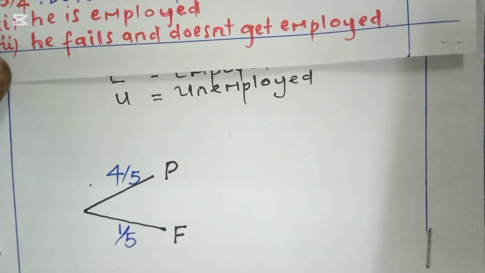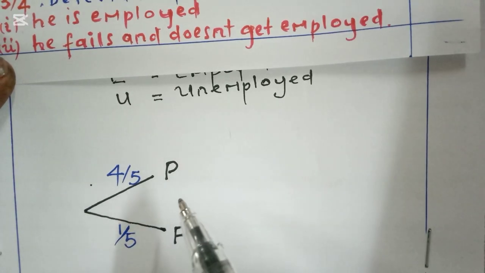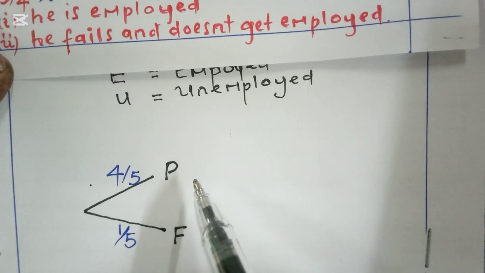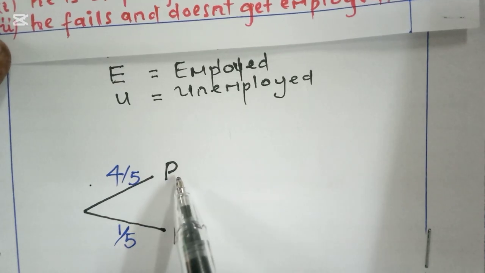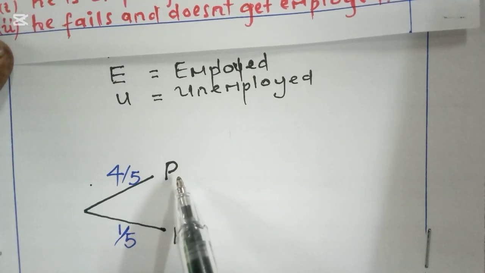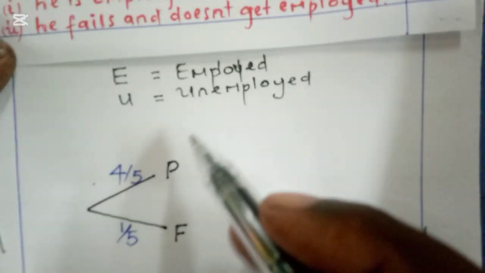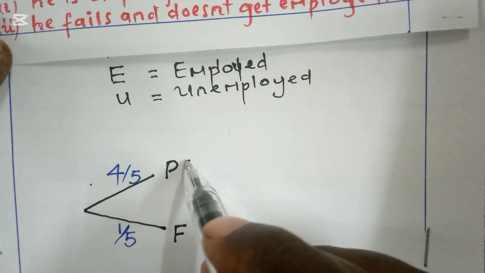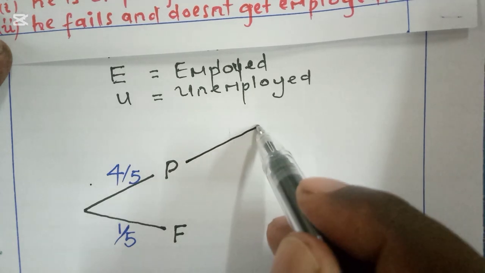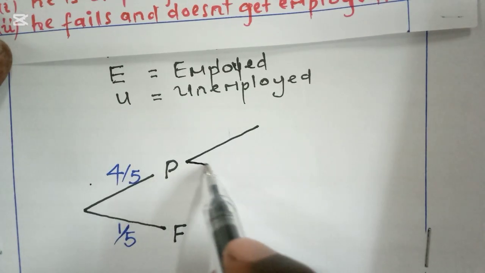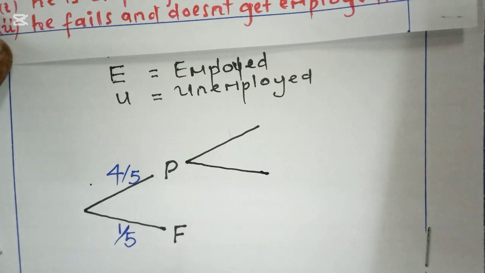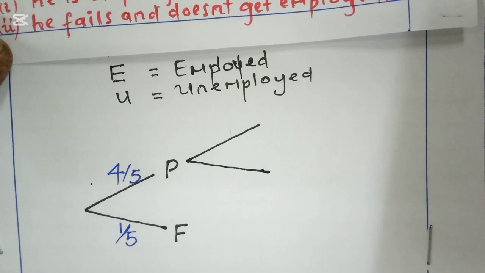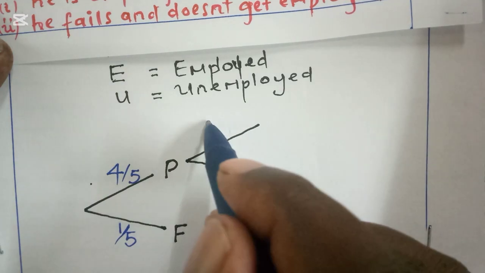Thus we move to the next stage, where we say if he passes his exams, the probability he gets employed is 5 over 8. So I will draw another branch here, like that. This one is that the probability he gets employed is 5 over 8.